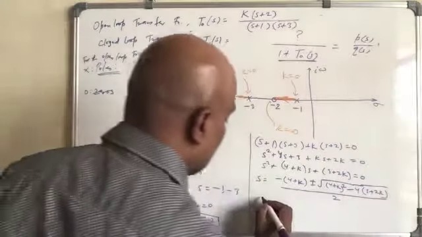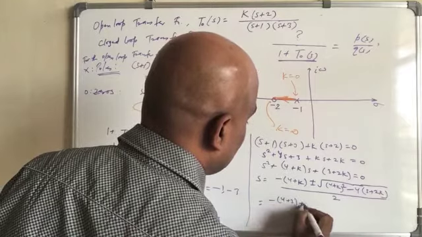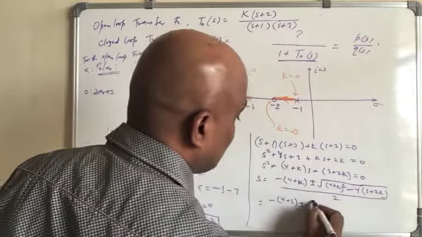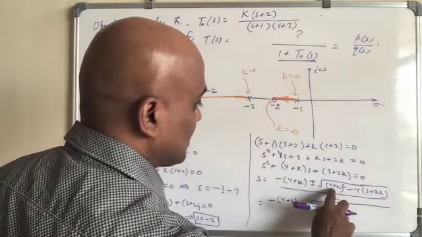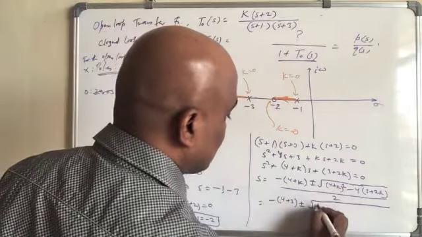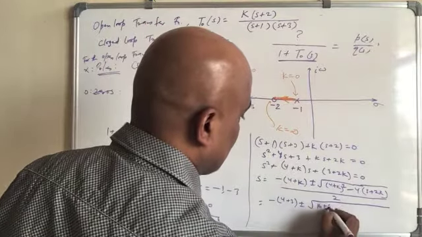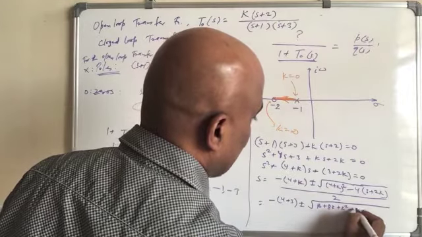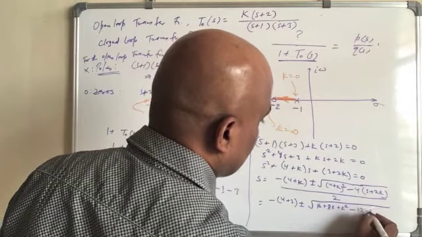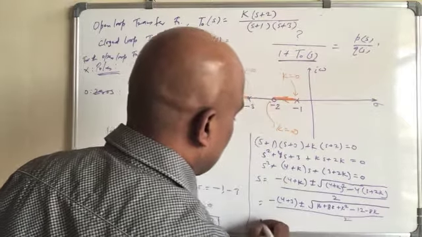Okay, we can simplify further, so here we have root 16 plus 8k plus k square minus 12 minus 8k, over 2.